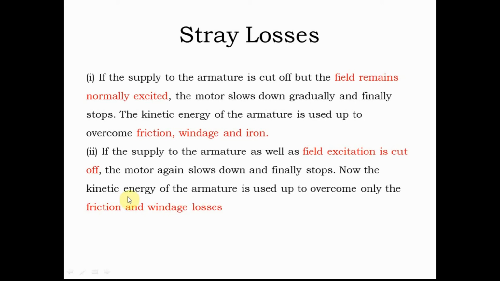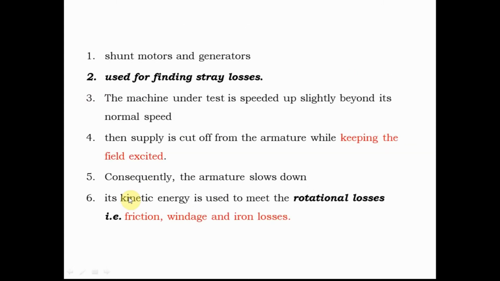Now why is it so? Because once you cut off the supply, the armature will not suddenly come to a standstill, because of the inertia present in the armature. Because of this inertia, even after the supply is cut off, there will be kinetic energy present in the armature. This kinetic energy is utilized to supply the friction, windage and iron losses.